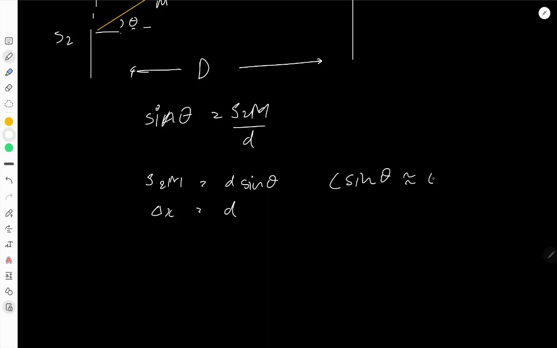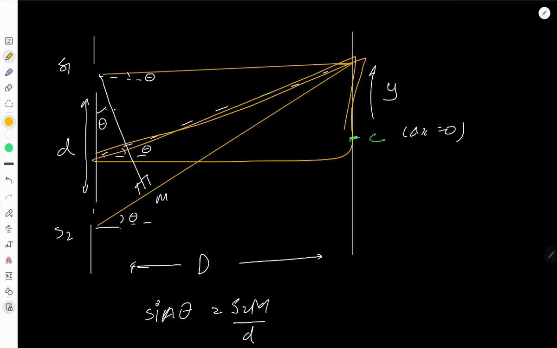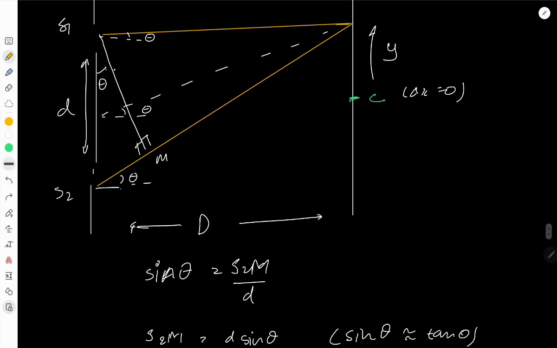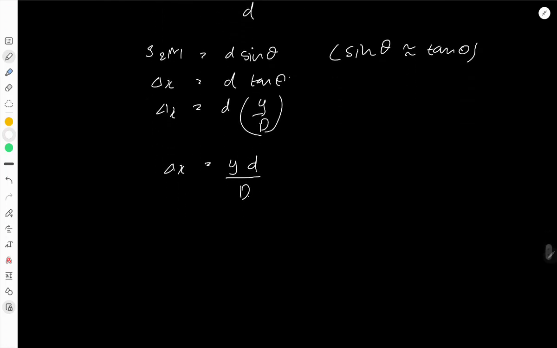Sine theta is approximately equal to tan theta for very small angles. So I'll write over here tan theta. And in this triangle, tan theta is y by D. So d into y by capital D is delta x.